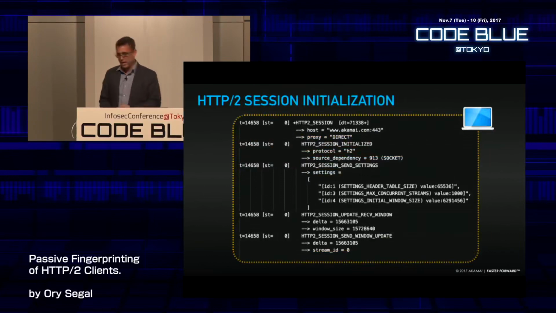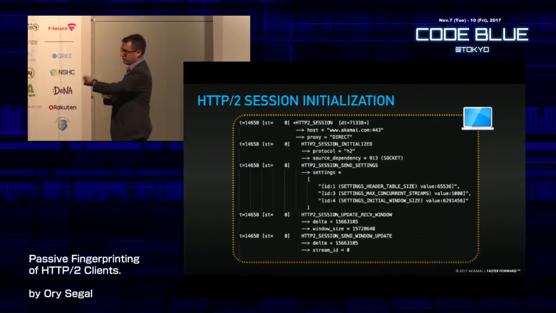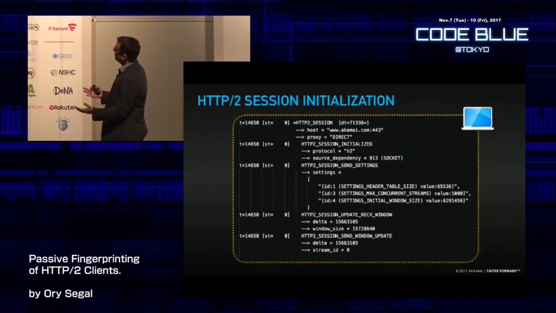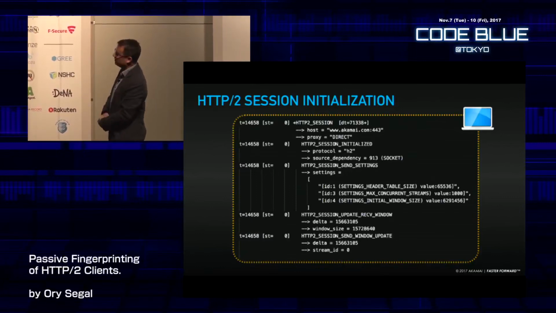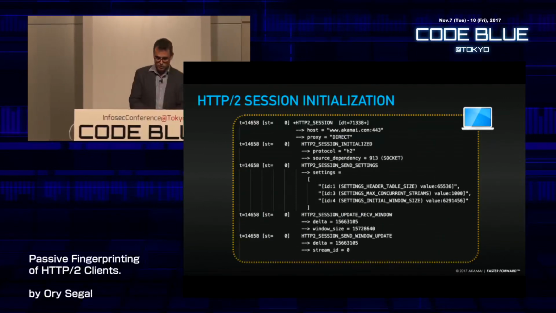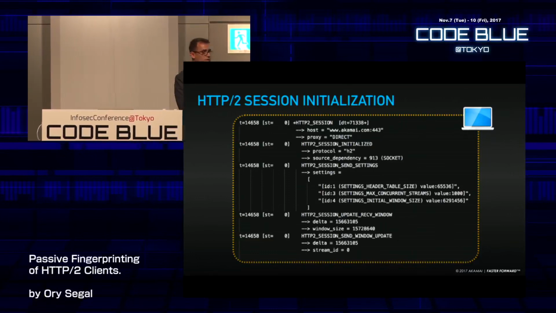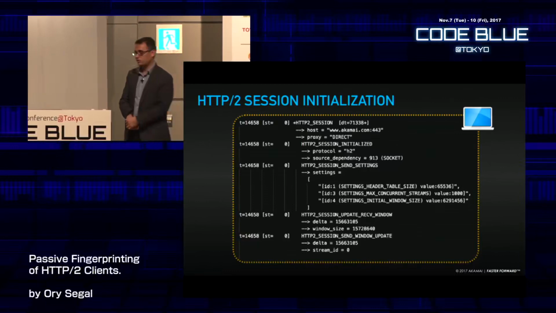So let's take a look at how a session is initialized. We'll try to do it a bit quickly. So we start a session. This is from the client side, and the client defines the host, whether or not the request is proxied. The protocol is H2. By the way, HTTP 2 is always transported over TLS, over SSL, encrypted traffic.